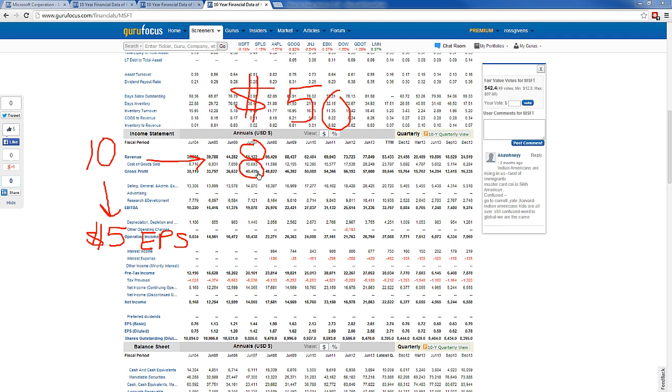So now I've got 50 divided by 8. With only 8 shares, it's earning about $6.20 earnings per share, even though they're still only making $50. But because there are fewer shares outstanding, mine represents a larger percentage of the company, and now earnings per share has grown. Okay? So I hope this helps.